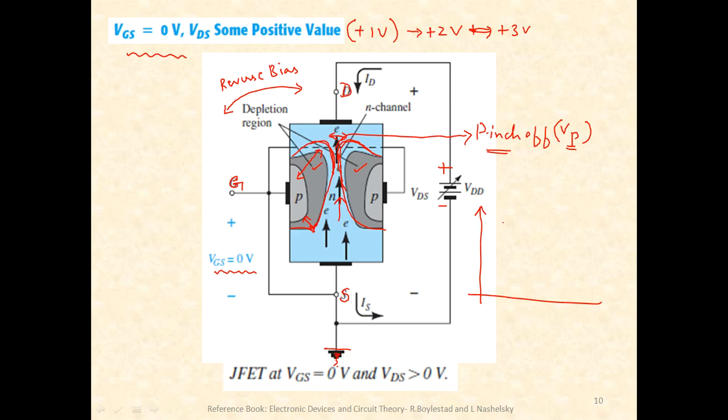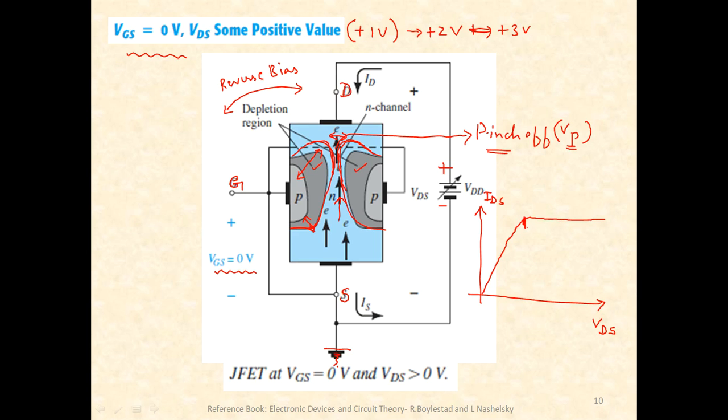If I draw the graph of the drain to source current versus VDS, as and when VDS increases, initially there will be a resistance offered by the channel, but it will be linear. But after some time, due to pinch off, which is the state when both the depletion regions almost tend to touch each other, the current just saturates, it becomes constant.